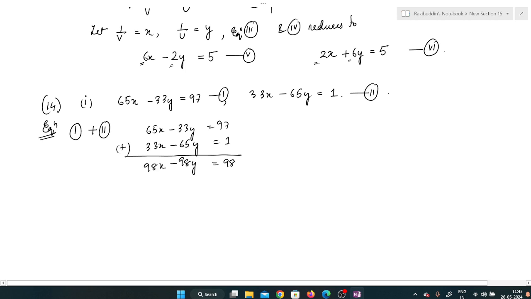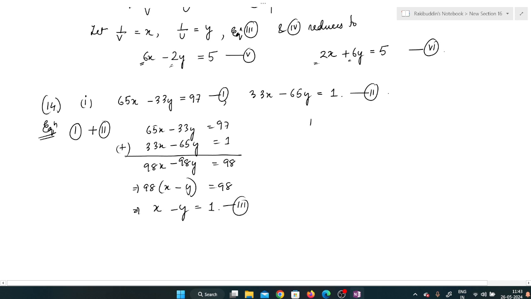Now all the coefficients of x and y are 98, and the constant term is also 98. So you can divide the entire equation by 98: taking 98 common, it becomes 98(x minus y) equals 98. So x minus y is 98 upon 98, which gives 1. Term this as equation 3.